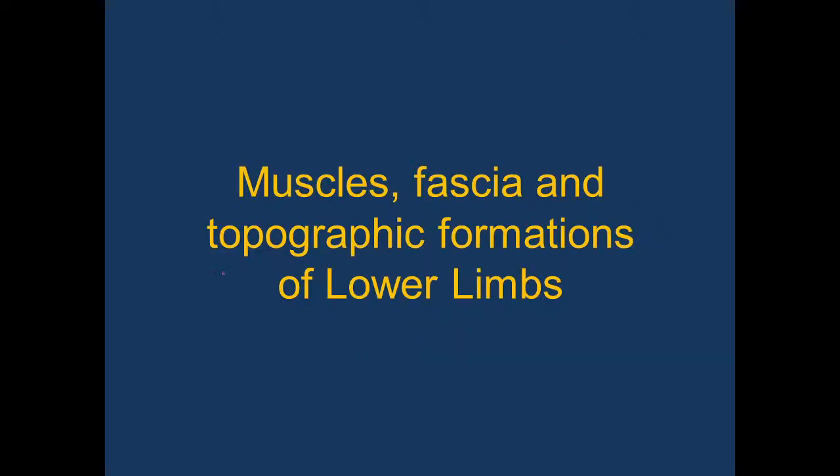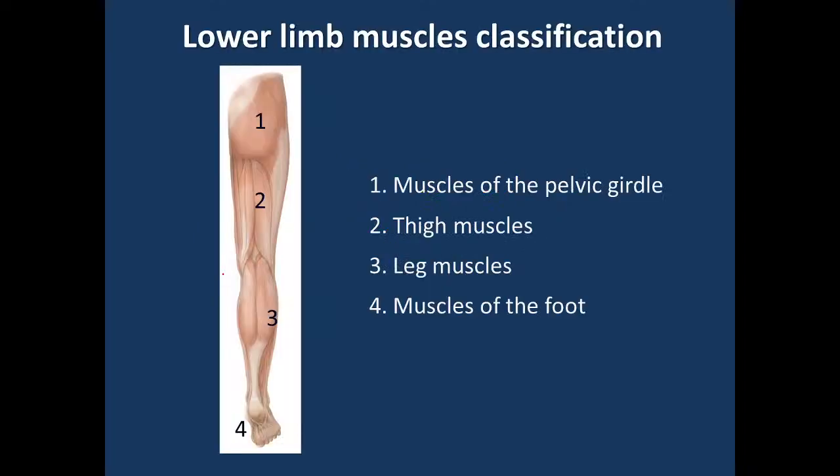Lower limb muscles, fascia, and topographic formation. There are also 4 groups of muscles in our lower limb. First group, that is the muscles of the pelvic girdle. All of these muscles, almost all of them, are very strong and forceful.